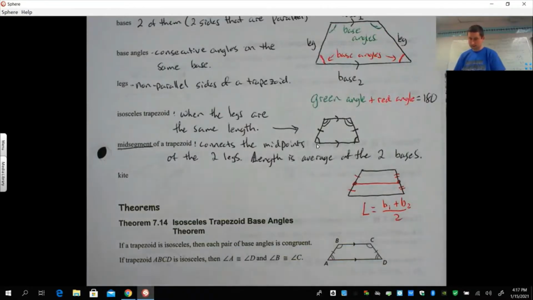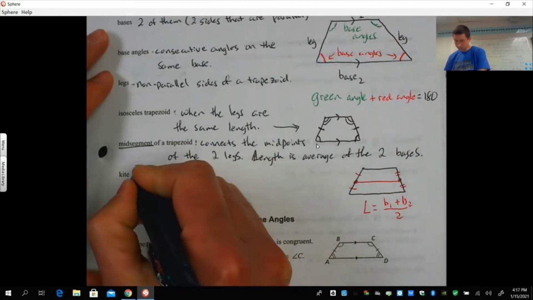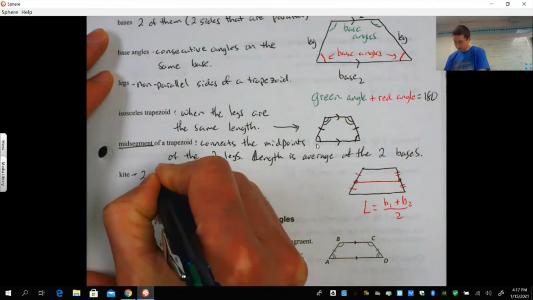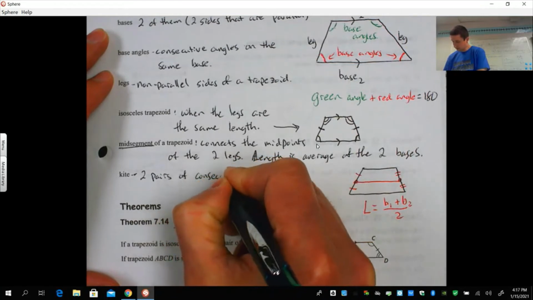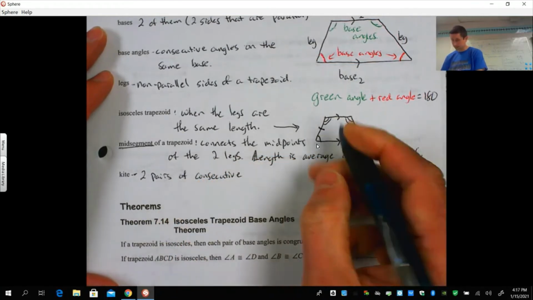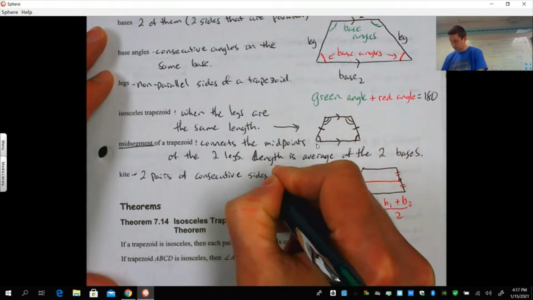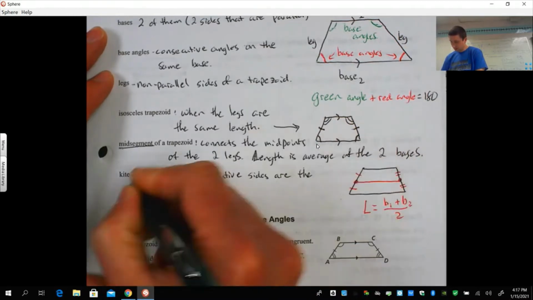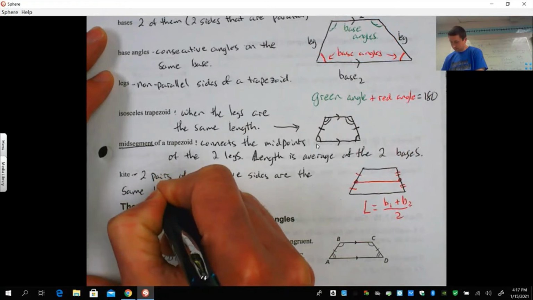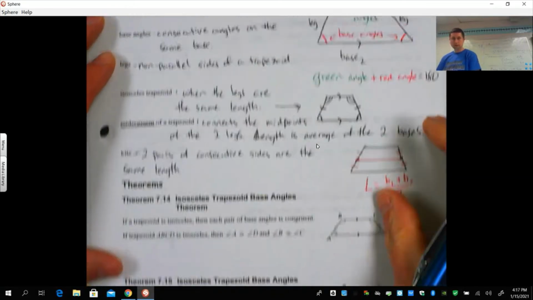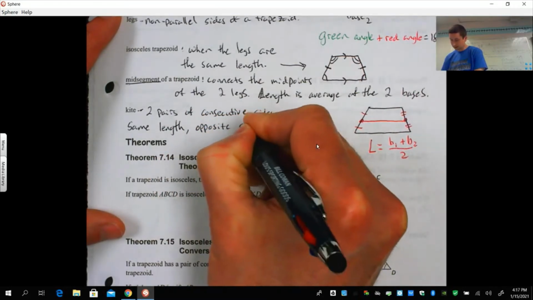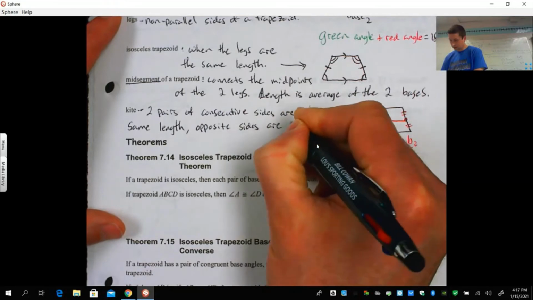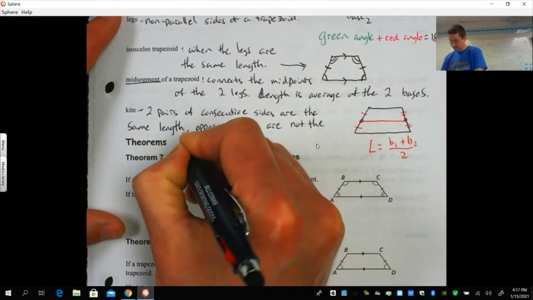Okay, so for a kite, what we're just going to put is two pairs of consecutive sides are the same length.